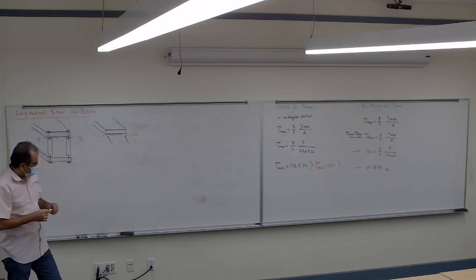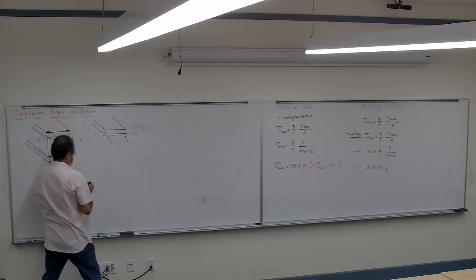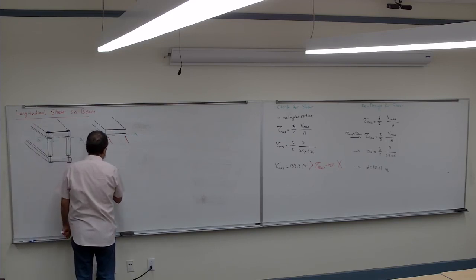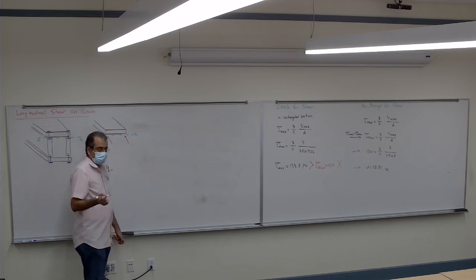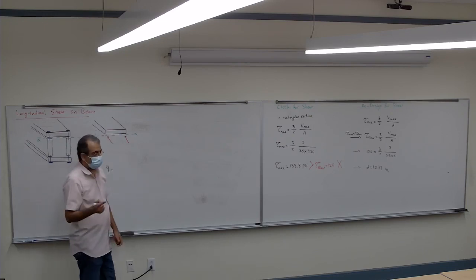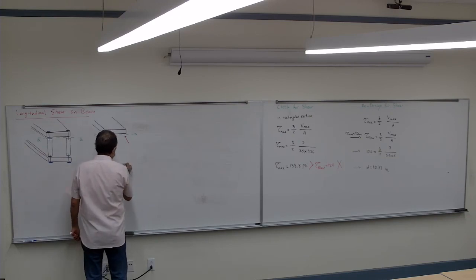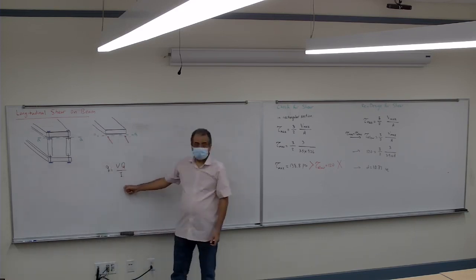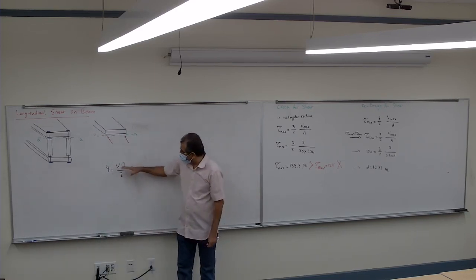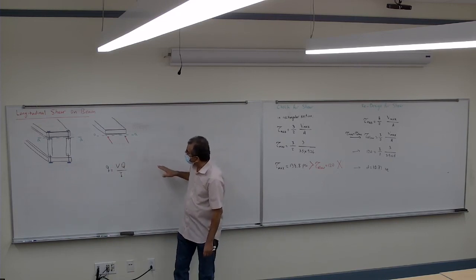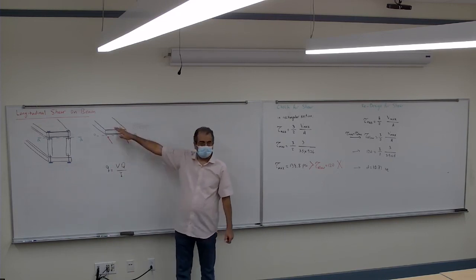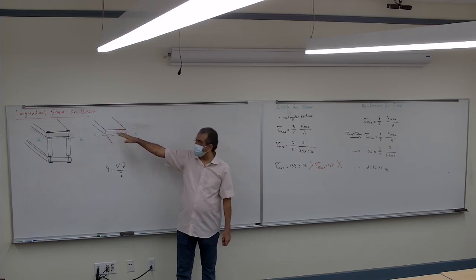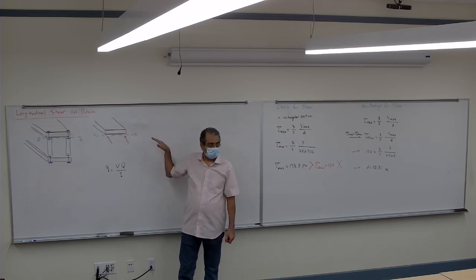So the equation to calculate the Q, the horizontal force, was what? VQ divided by I, correct? VQ divided by I gives the total horizontal force on that part that I cut off.